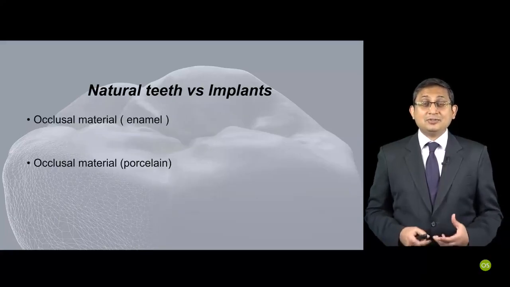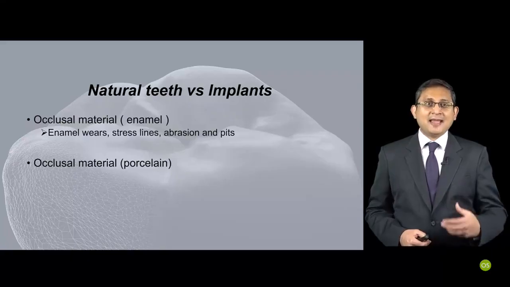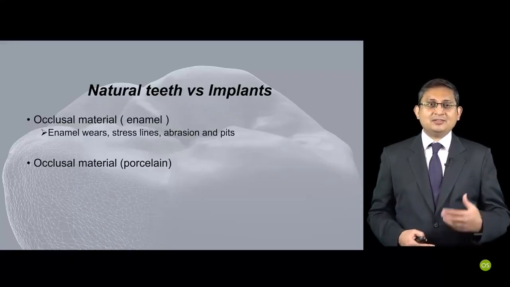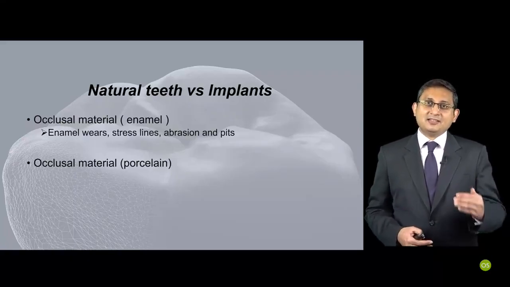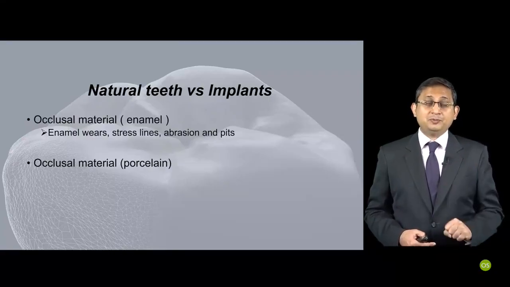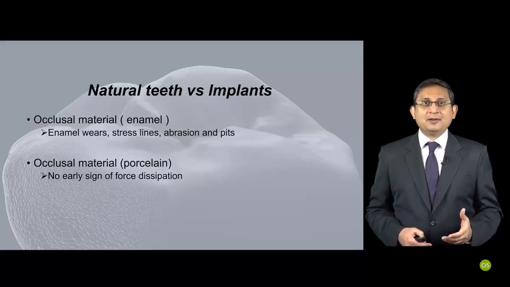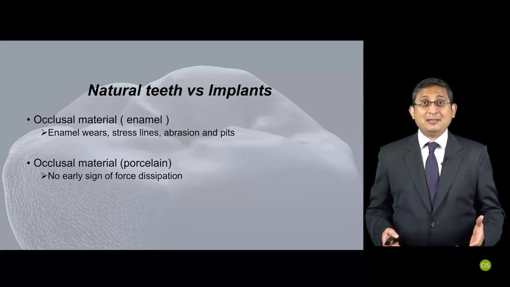What is the occlusal material made up of? Natural teeth are made up of enamel, where stress lines appear, and you can see abrasions and pits. But what it does is it reduces the impact of the force and absorbs those forces. Whereas the occlusal surfaces of implants are made up of mainly porcelain.